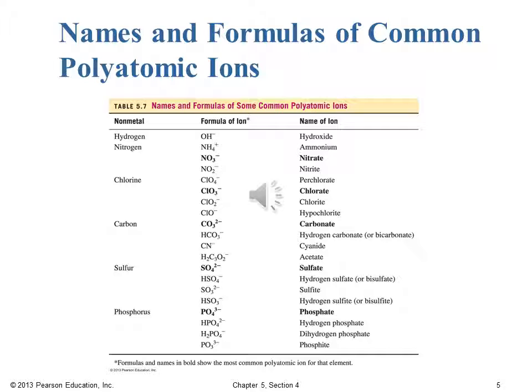And then finally acetate, a relatively harmless polyatomic after speaking about cyanide just a moment ago. Acetate is H3C2O2 minus. For sulfur, we have sulfate, SO4 2 minus, rather, sorry.